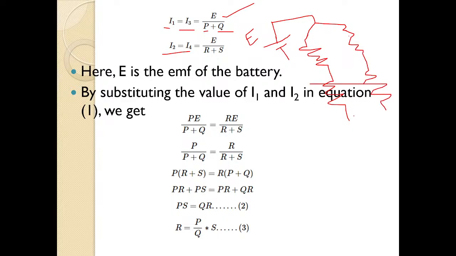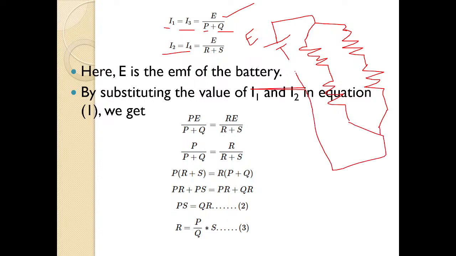Okay, I'm unable to draw the resistor here, but okay, this is it. So this is my source. This is how current will enter. This is my P and this is my Q. This is my R and this is my S.